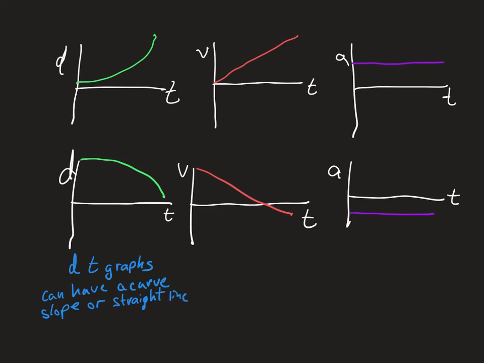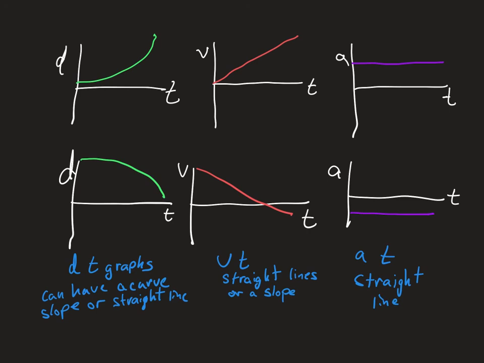A velocity time graph can have straight lines or a slope. An acceleration time graph can only have straight lines.